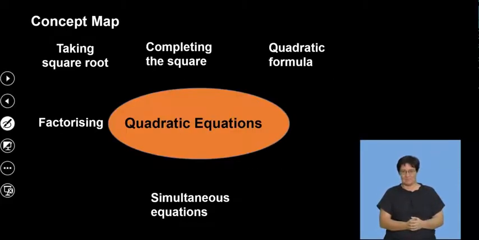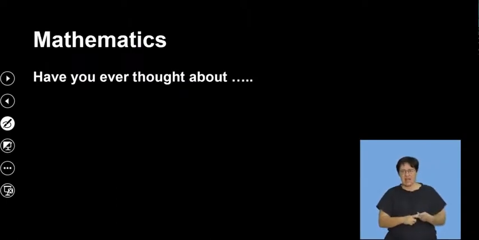So remember, I just said it's going to be taking out a square root, completing the square, some quadratic formula for questions that you mainly cannot factorize, and then factorizing, and some simultaneous equations. Now, the main thing that you need to think about is what factorization is all about, right?